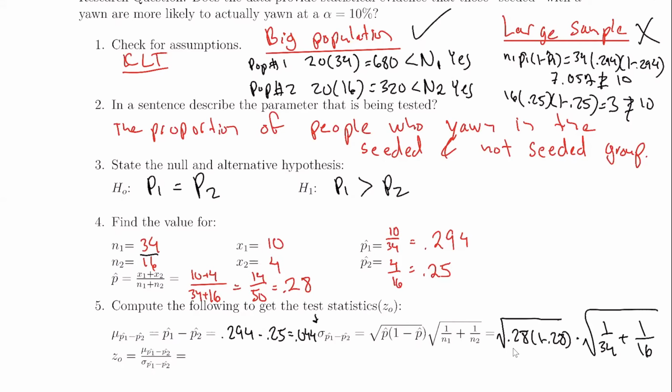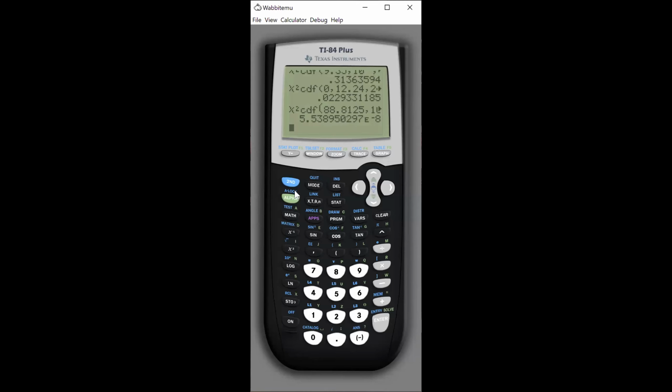All right, so I'm going to go to my TI, and let me take you on that ride with the TI so that way you can see how to input it. For this, you go second, square root, and then you go 0.28. And then you do parenthesis, 1 minus 0.28, close parenthesis.